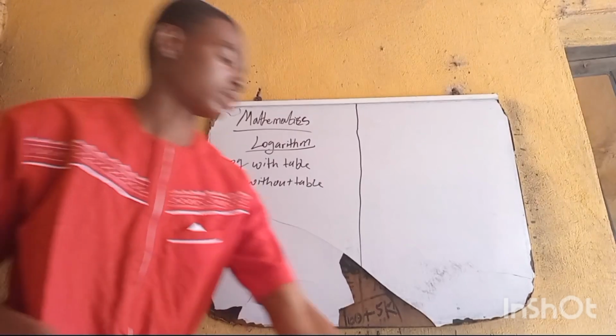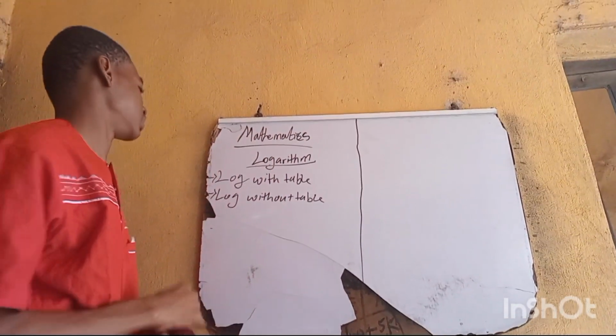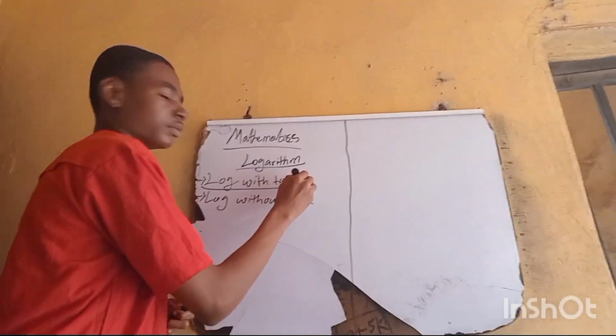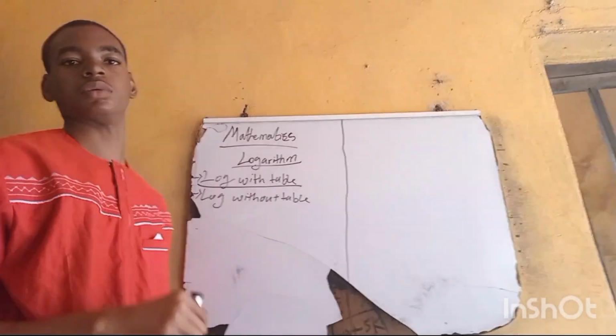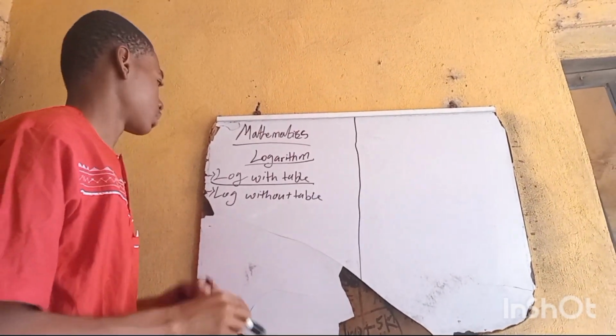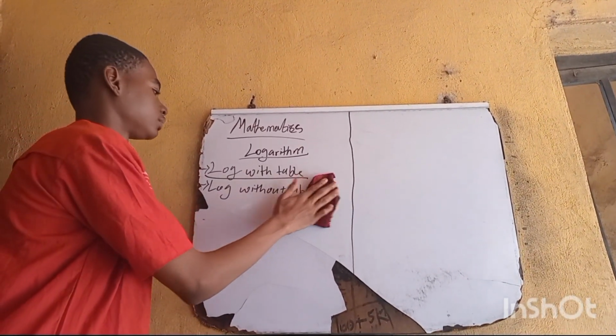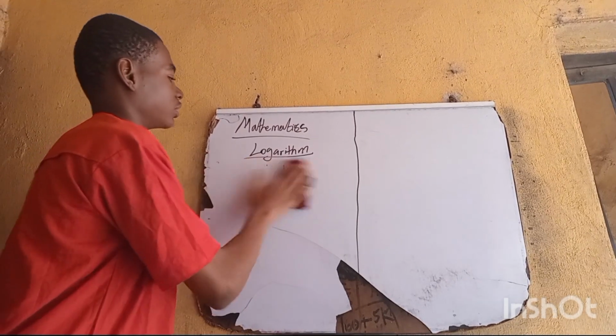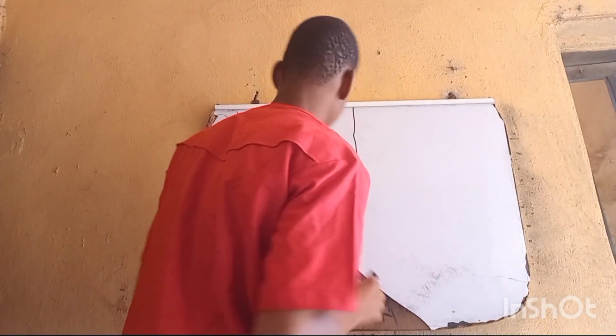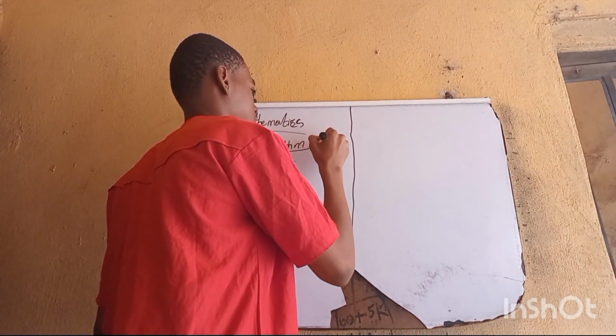But the one we're going to be learning in this video is the logarithm with table. Please feel free to take down notes if you'd like. As I was saying, we are going to be treating the logarithm with table in this video.